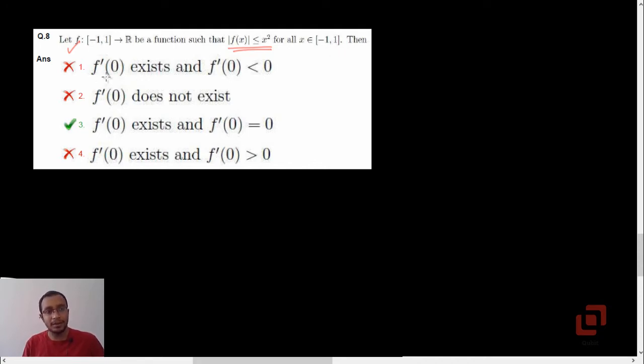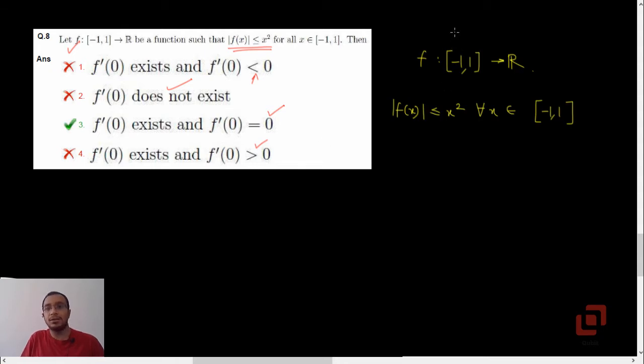Then option 1, f dash of 0 exists and it is negative; option 2, f dash of 0 does not exist; option 3, f dash of 0 exists but is equal to 0; and option 4, f dash of 0 exists but is positive. Okay, now we first write down the data.